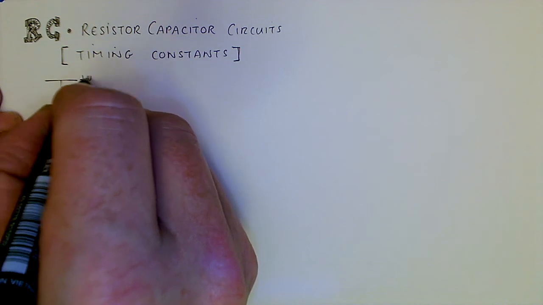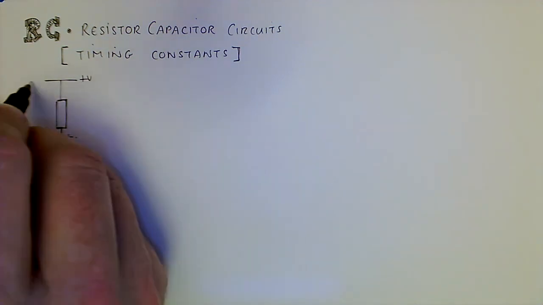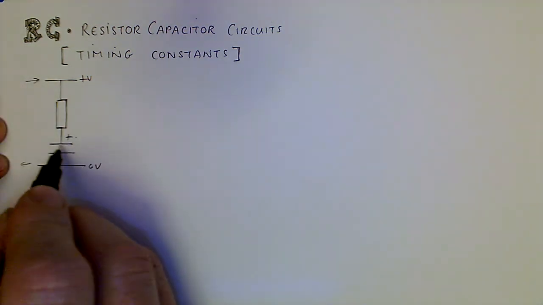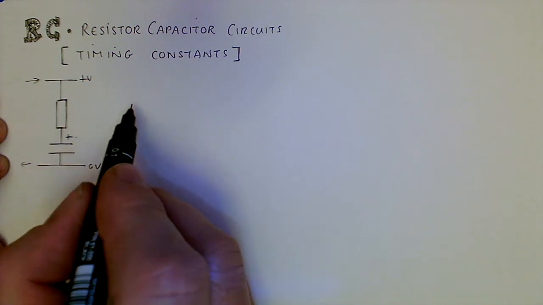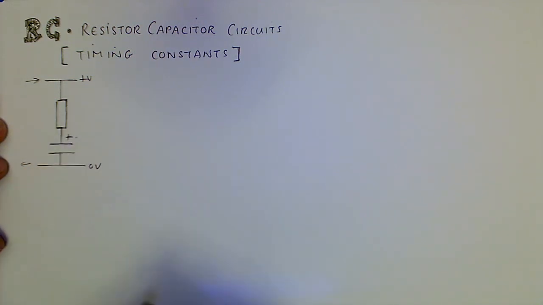We'll have volts, negative volts. Now we'll put a voltage coming in here to complete the circuit to charge up the capacitor, and then we would connect the circuit coming out this way to discharge.